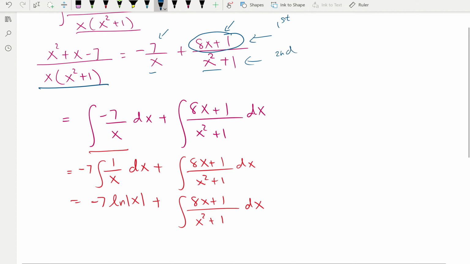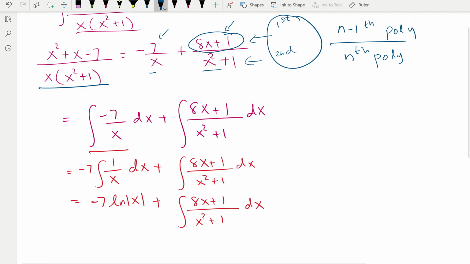This is a key relationship. If we had an nth degree polynomial in the denominator in the decomposition, our numerator is going to be an n minus 1th degree polynomial. So that's the relationship, 1 less than the denominator in terms of degree. That's key in integration, trust me.